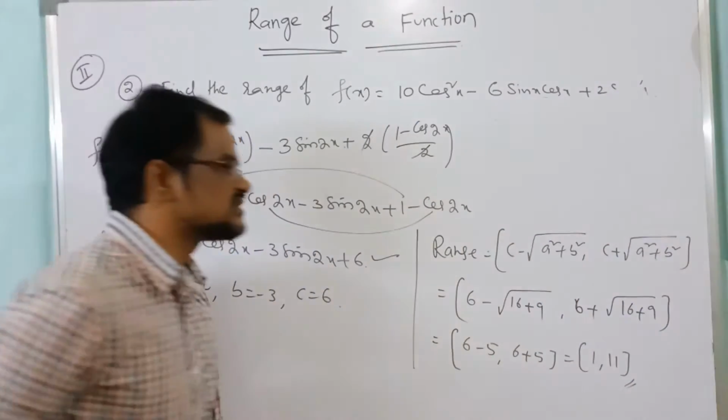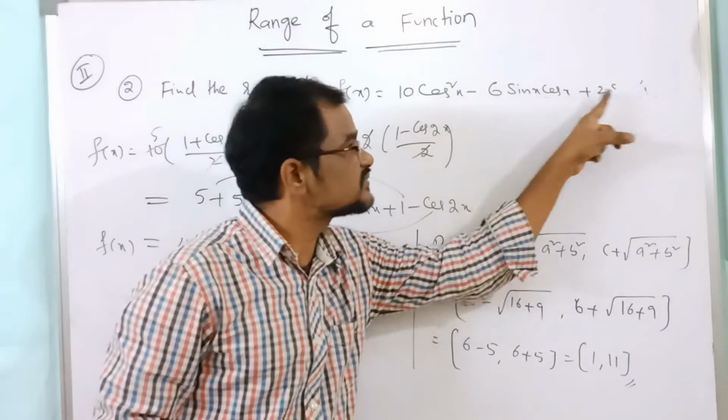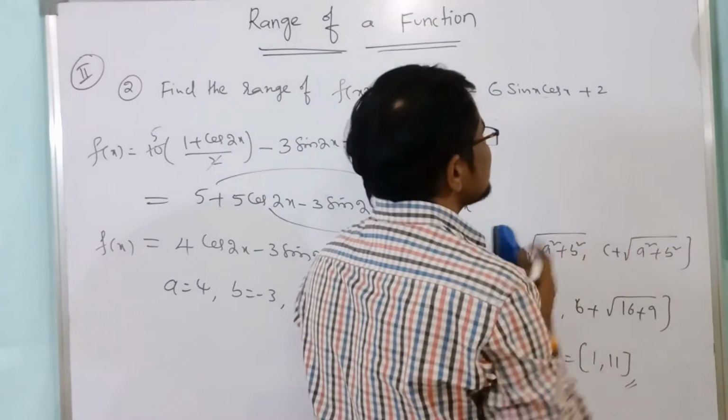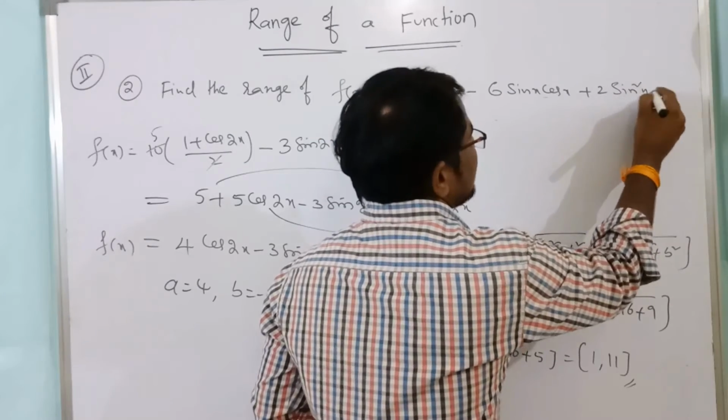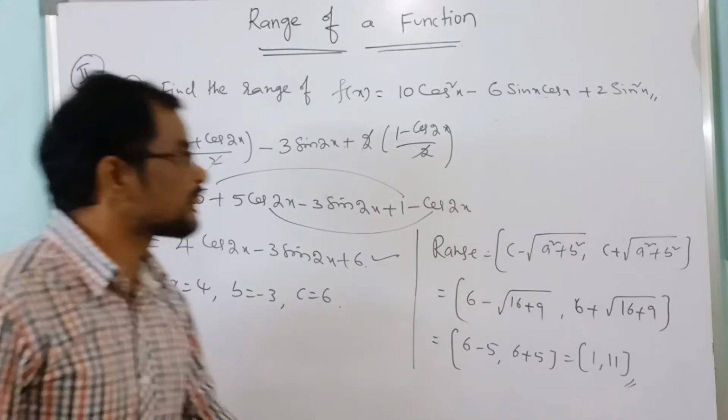So this is the range of the given function 10 cos square x minus 6 sin x cos x plus 2 sin square x. This is about this problem.